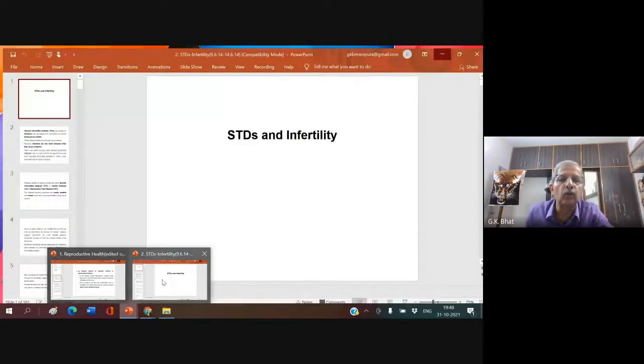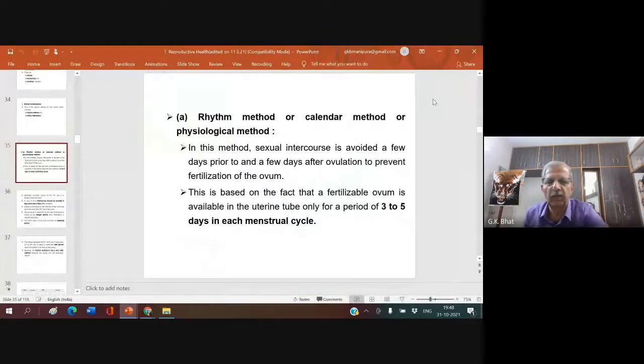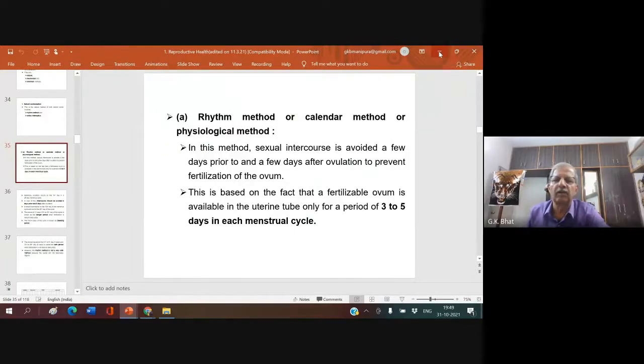Now I would like to show you a little bit of additional information on this. Are you seeing this slide? Yes, sir. What is written? Rhythm method or calendar method. The other day, I told you about this calendar method.